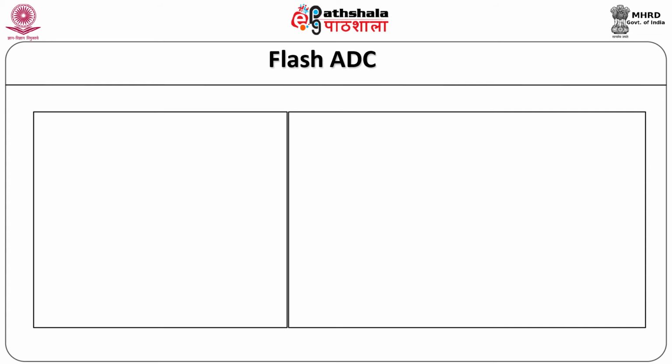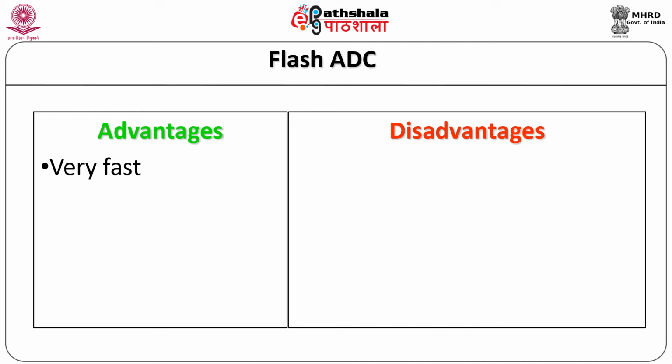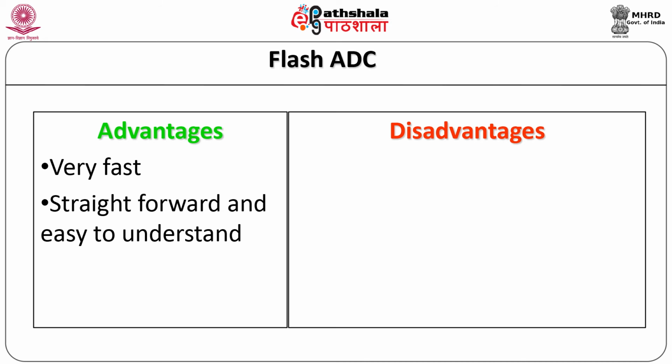Flash ADC has got certain advantages and certain drawbacks. The first and the very important advantage is it is very fast. The second important advantage is the method is straightforward and very easy to understand. There are few drawbacks or disadvantages of flash ADC.